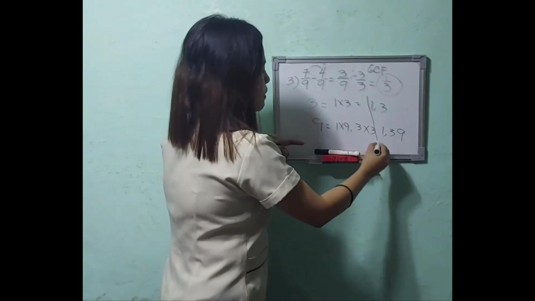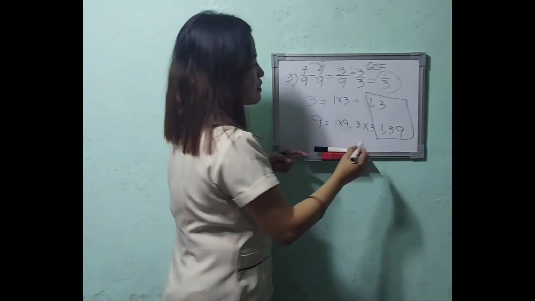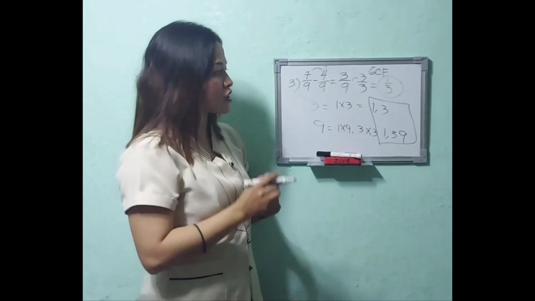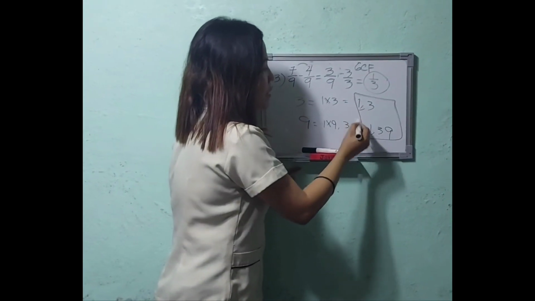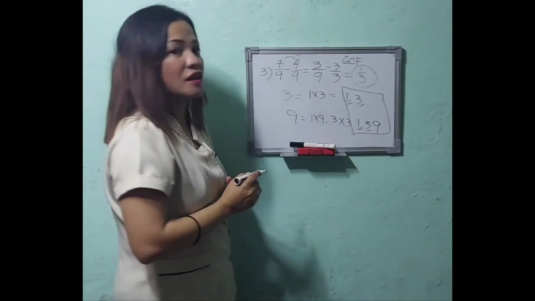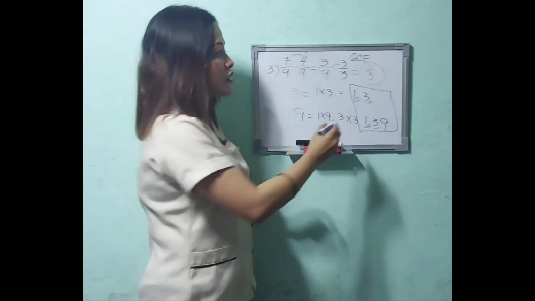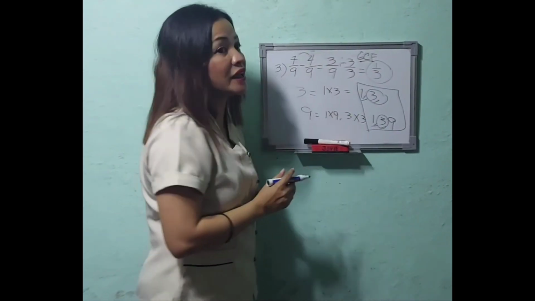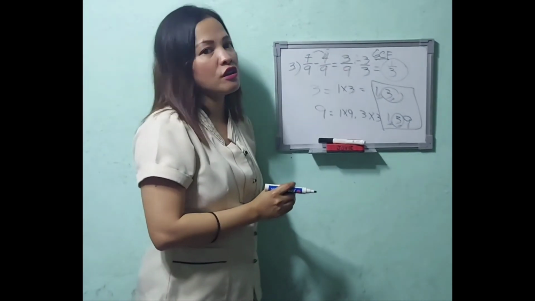So, sa mga factors ng 1, 3, at 9, alin ang magkapareho? Yung pinakamalaki. So, ang magkapareho sa kanya ay 1 at saka 1. And 3 and 3. Pero ang pipiliin natin ay yung 3, yung mas malaki. Kasi ang kailangan natin ay greatest common factor.